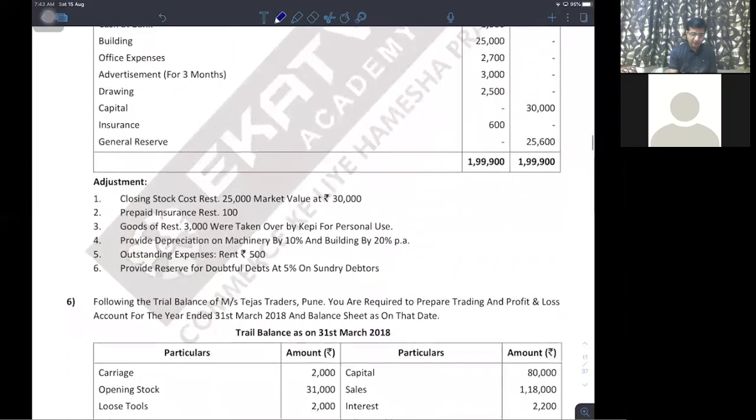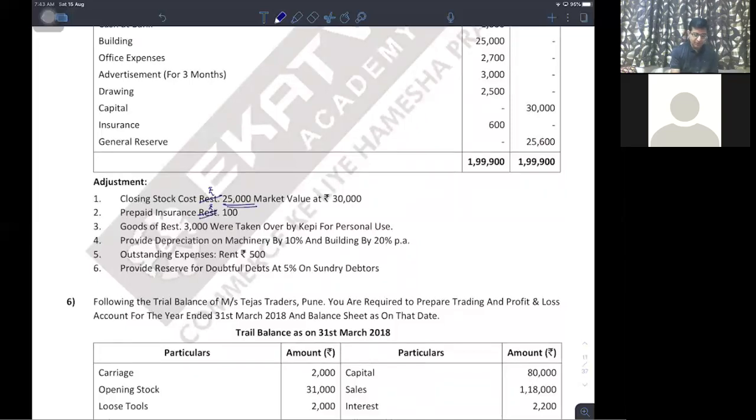Closing stock cost rupees 25,000, market value rupees 30,000. Of course, you'll be taking 25,000 and not 30,000, cost or market price, whichever is less. Prepaid insurance is rupees 100.